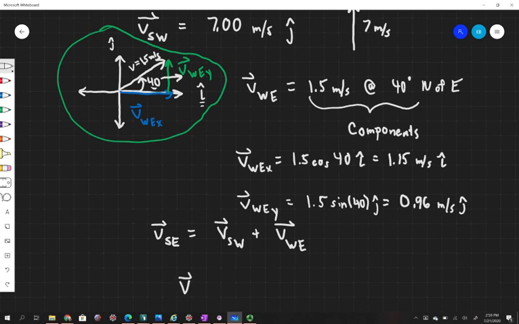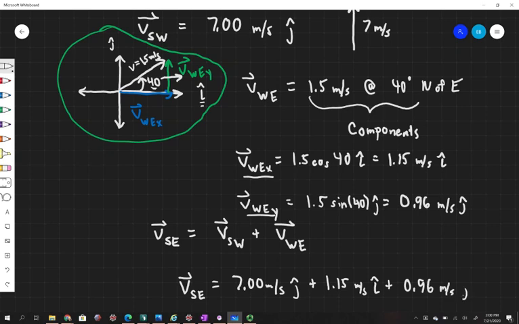So velocity of the ship relative to the Earth is going to be the ship relative to the water, 7.00 meters per second in the j-hat direction, plus the velocity of the water relative to the Earth, which is the combination of the two of these, both in the i and j direction. So that's got to be plus 1.15 meters per second in the i-hat direction, plus 0.96 meters per second in the j-hat direction.